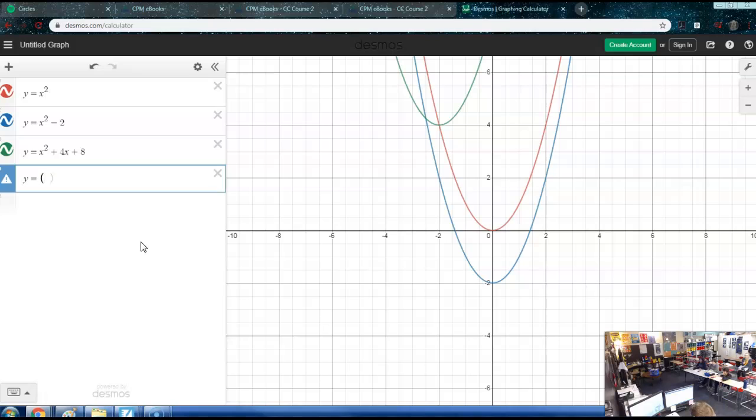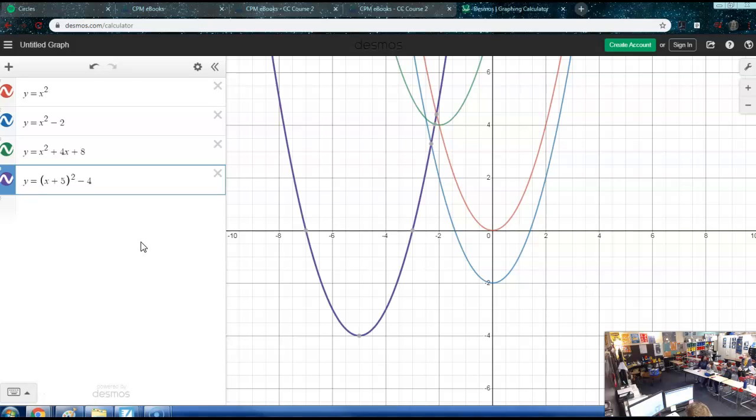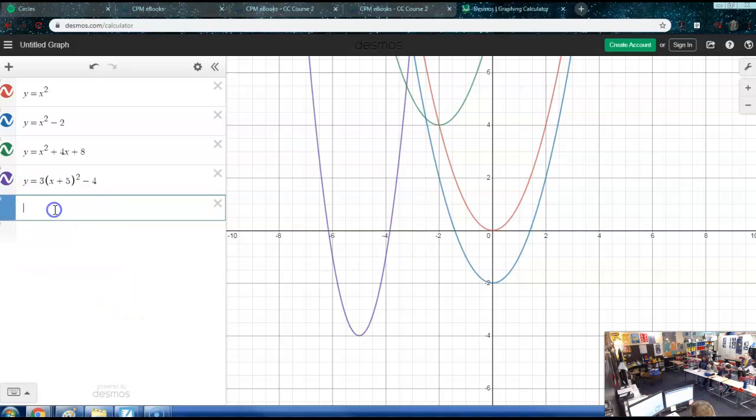And then the A, whether it's positive or negative, would open up or down. All of his are positive, and they're all opening upwards. But if you have negative 2x squared, then I'm pretty sure it opens downwards.